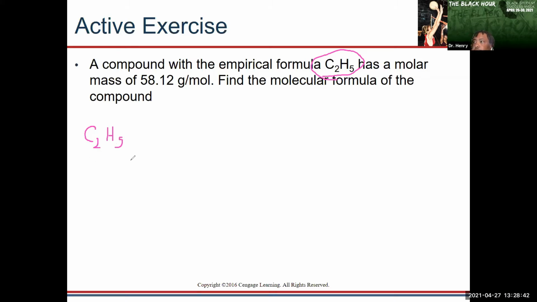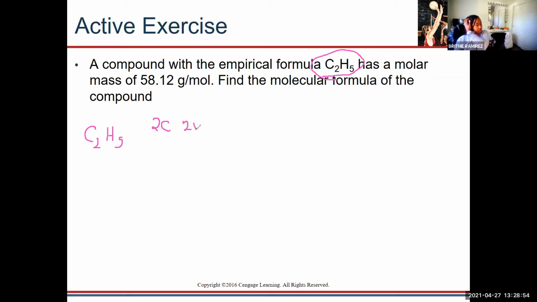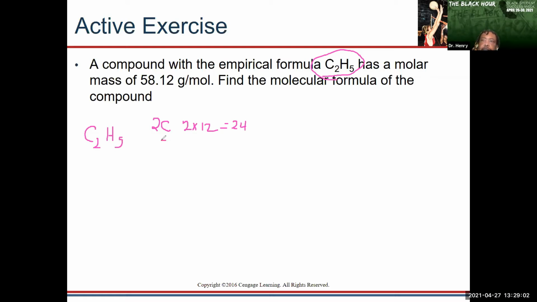How would I calculate that? Carbon weighs 12. How many carbons do we have? Two carbons, so that would be 24. Okay, hydrogen. How many hydrogens do we have? 5.